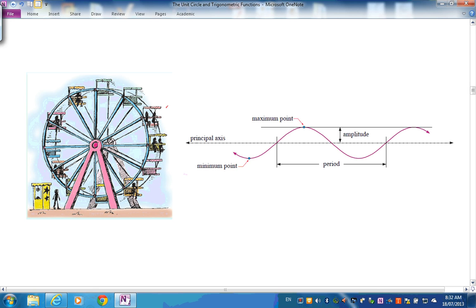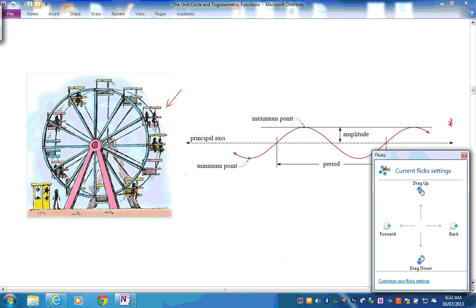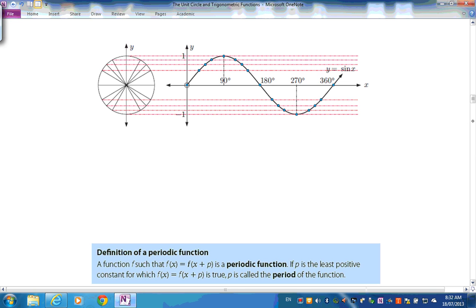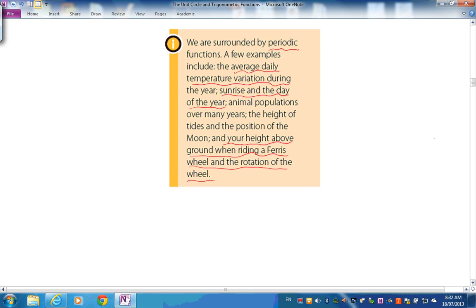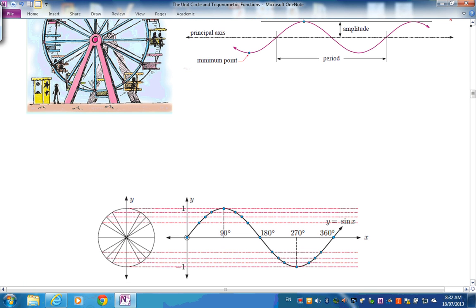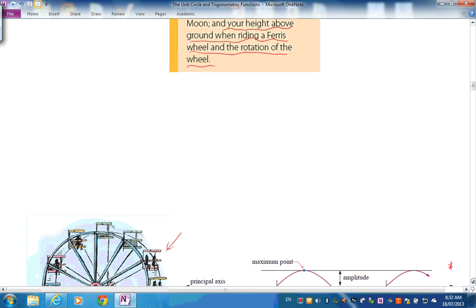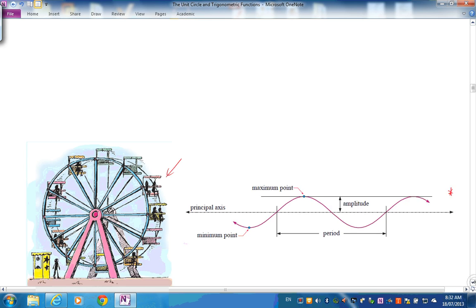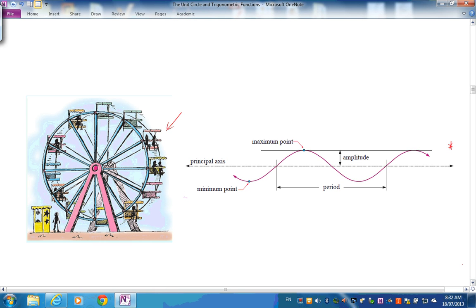Here's the Ferris wheel. And here we've tried to represent what's going to happen to you. Okay, so here, let's just go up here a little bit. Oops, too far. Let's just come down here. We've got a few problems here. Let's just do it slowly here. So where would you be if you are starting on the Ferris wheel? Let's start you over here.